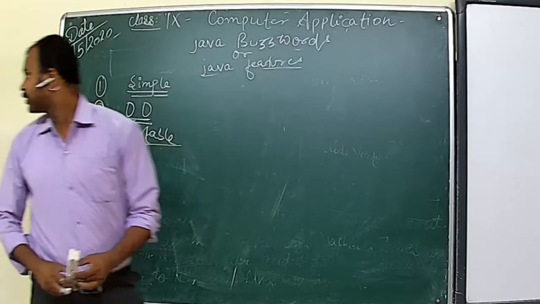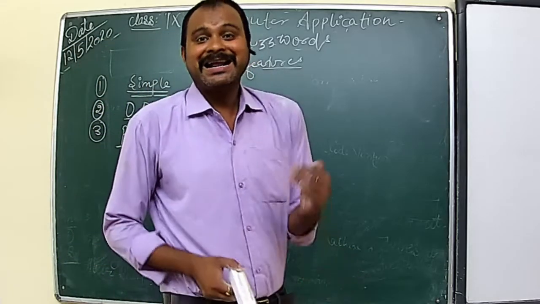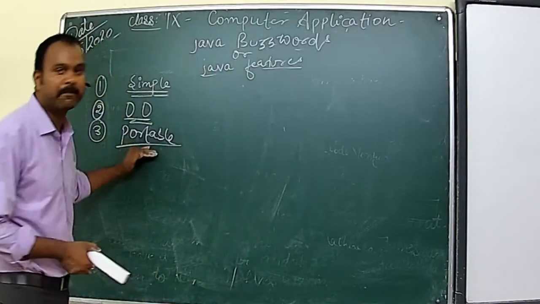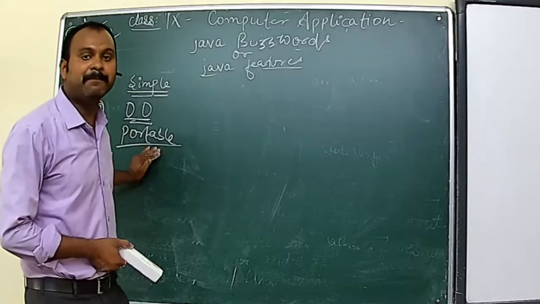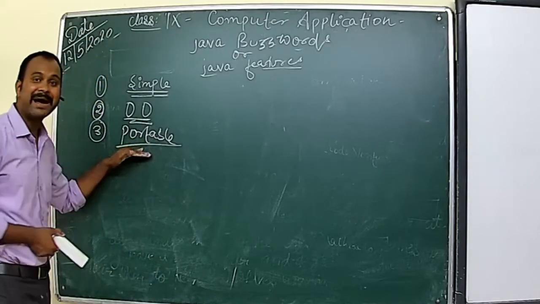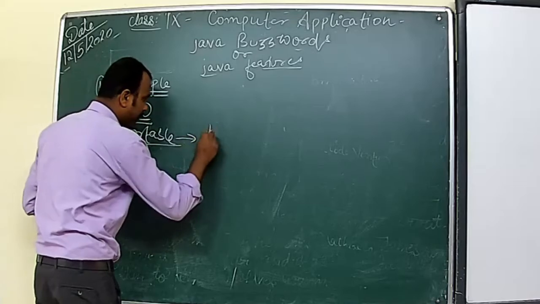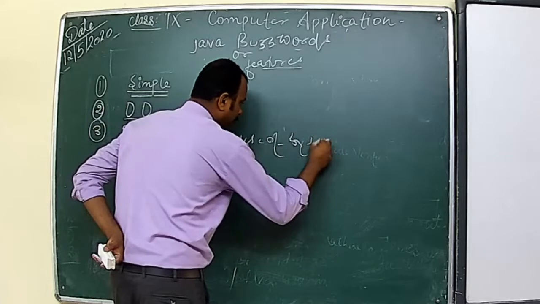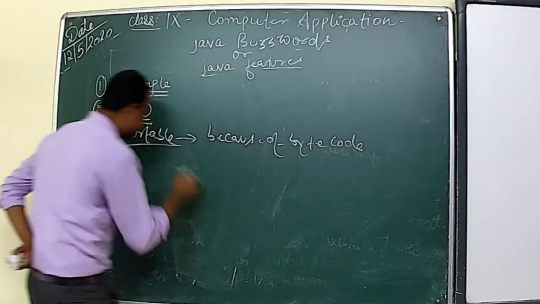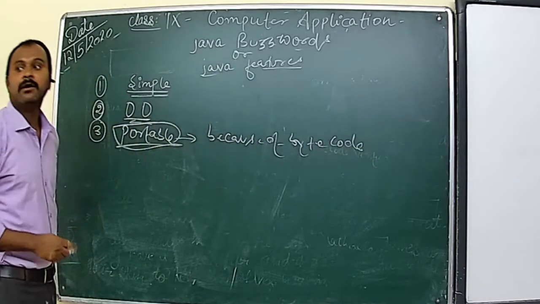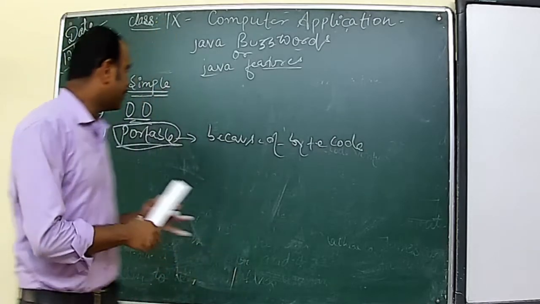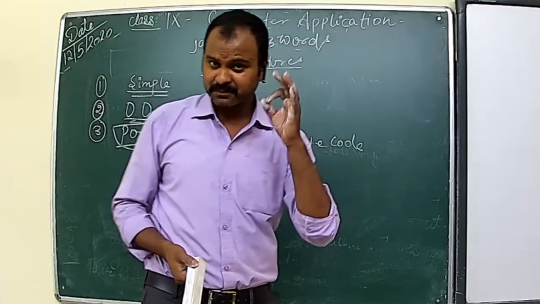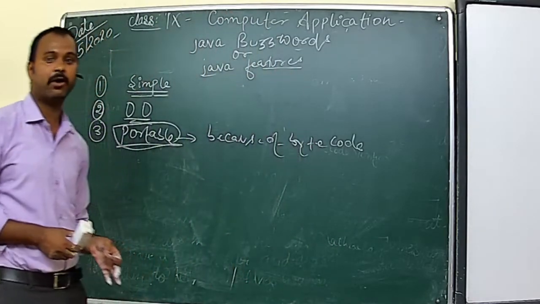Portable means the source code can easily be converted into bytecode, and that bytecode can be used on any other platform without changing the implementation level of the code. Because of bytecode, Java's features are portable, since bytecode can be used on any other platform without changing the syntax or implementation.